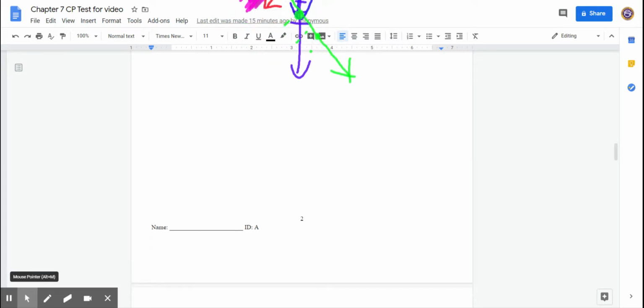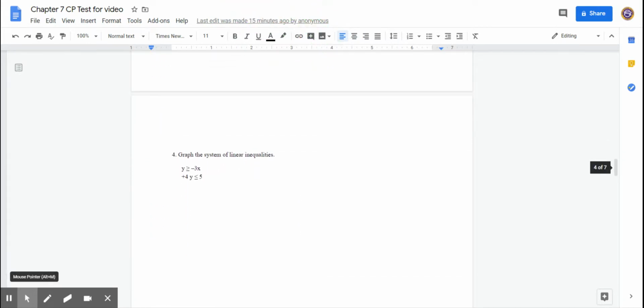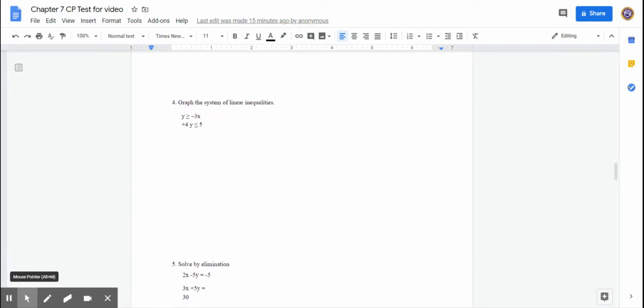Now you're going to do the same thing with this next one. So the next one, again, for some reason, I don't know what's happening, when it takes my worksheet, it moves it. So that's the first one. And the second one is y is less than or equal to 5.